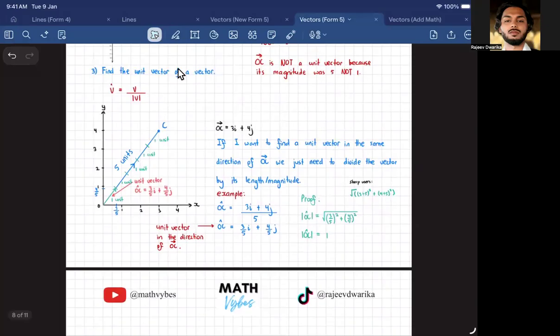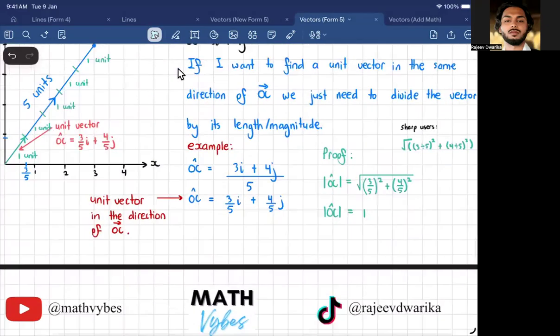So I think everybody by now should understand how to find a unit vector. It's just the big vector divided by the length of the vector. That's all. That's it. And the example is over here. This is the example. All right.